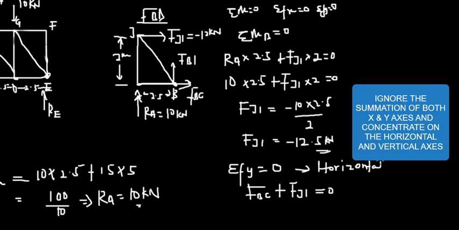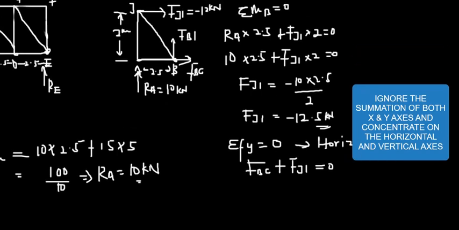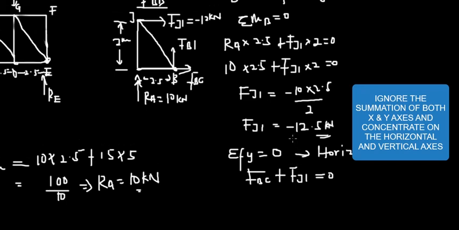So it means that we are taking all horizontal forces. Every force which is horizontal: FBC is a horizontal force, FGI is a horizontal force, but FBI and RA are all vertical forces. So from here you know that FBC is unknown, but FGI is already known.